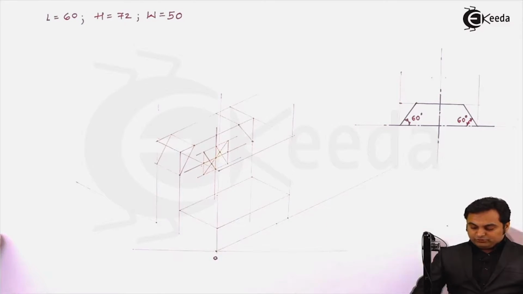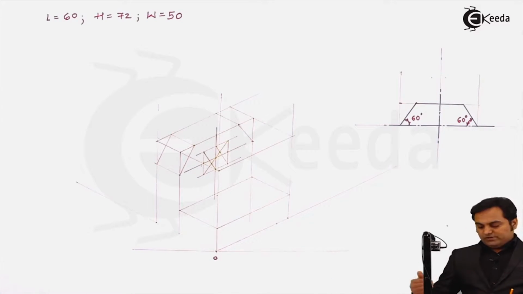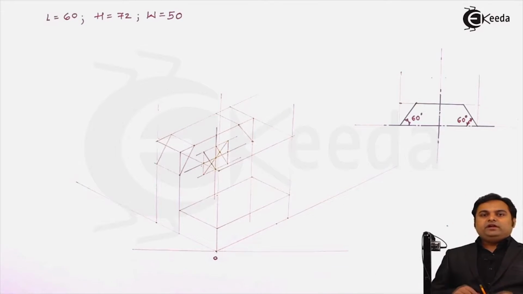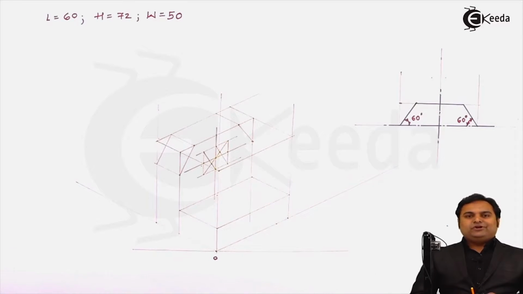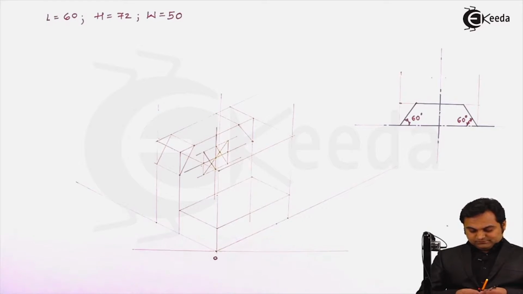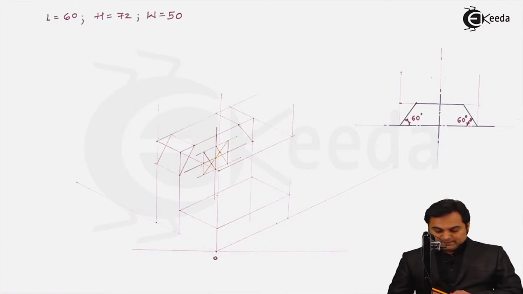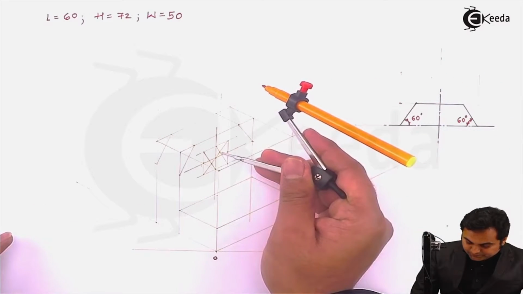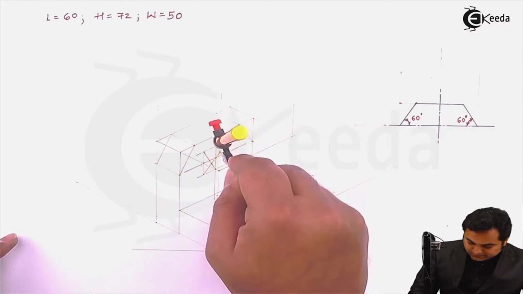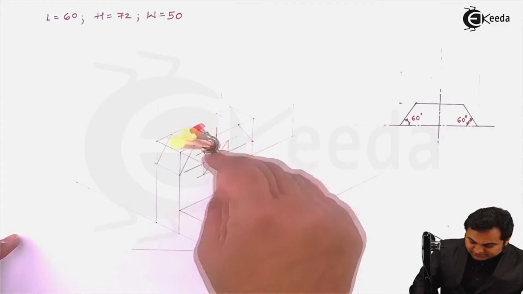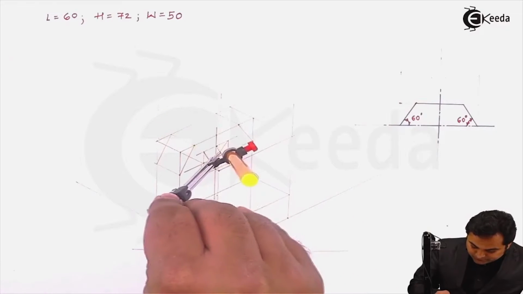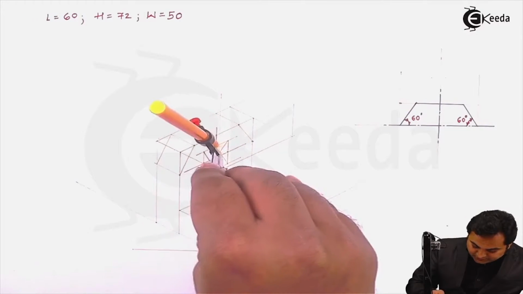So next, I am going to draw the circular part, which is when looking from the front, or in case of isometric projections, this is the way in which a circle should be drawn. So I'll explain that method. Take this center point and adjust this radius with the help of a light arc.